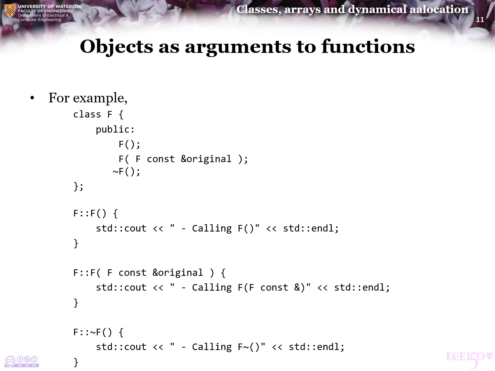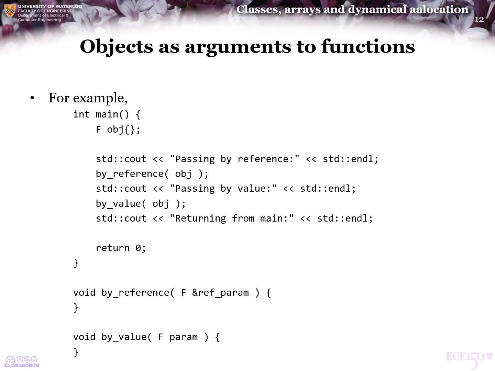Now, in each of these cases, all it does is indicate that the corresponding constructor or destructor was called. Let's use this class now that has a constructor, copy constructor, and destructor. On the very first line, we declare object to be an instance of F, and consequently the constructor is called.